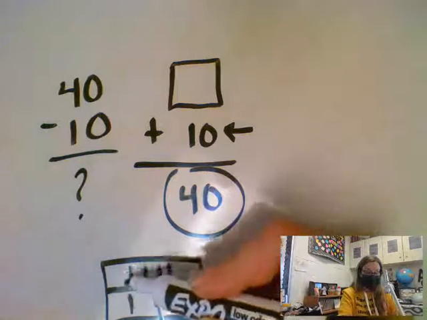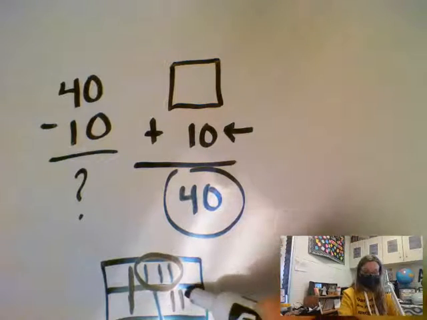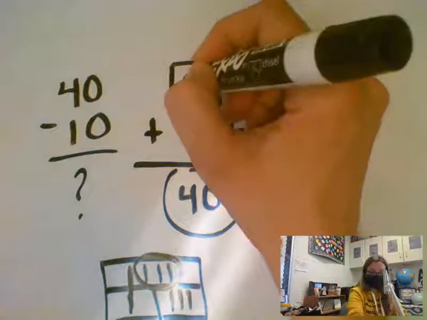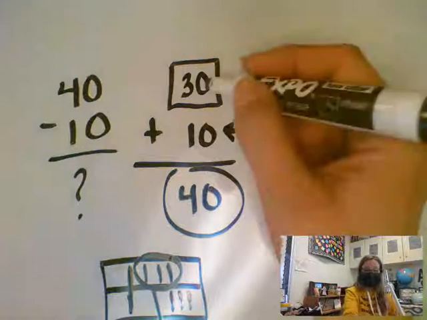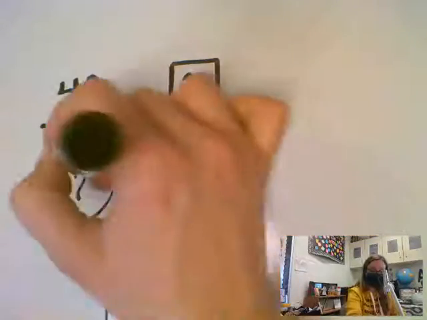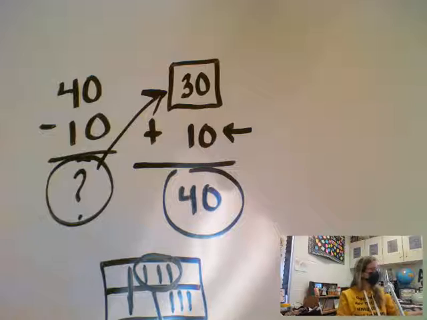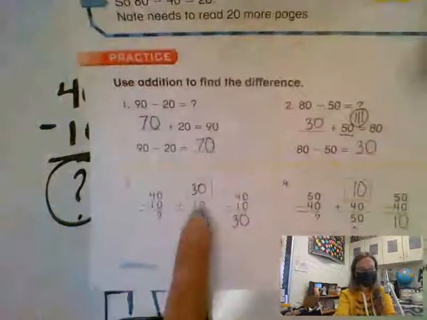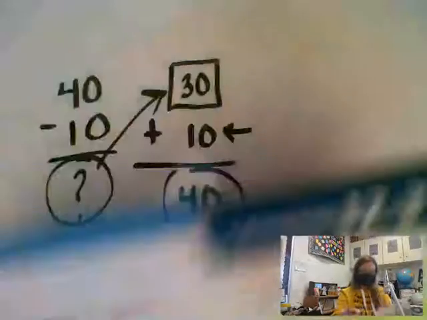Now, if I figure out, okay, I have 10, I still have 10, 20, 30 left. So 30 is my missing addend or my missing piece. So if 30 plus 10 is 40, then 40 minus 10 equals 30. So on your paper, you can write that one in as 30 is your missing number on both of those.